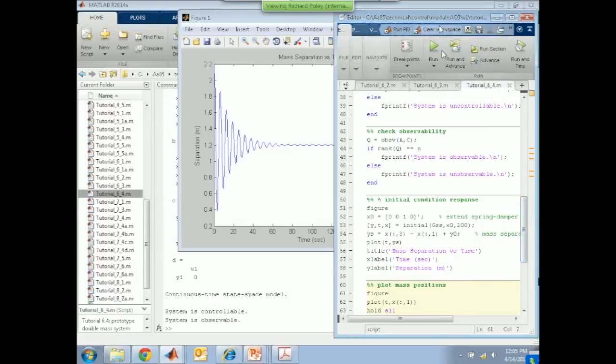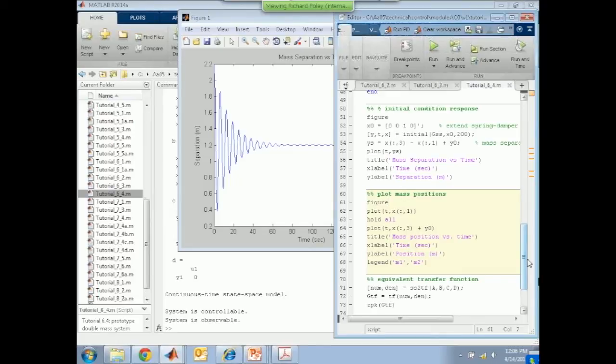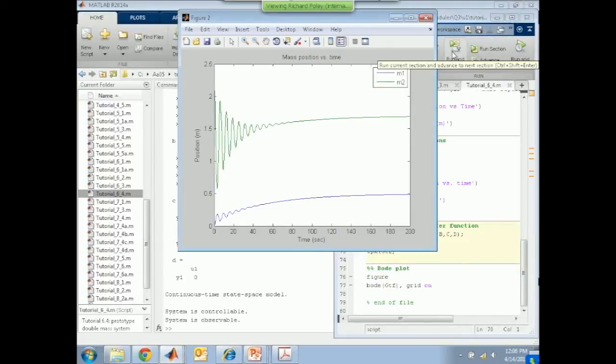Down here, now we're going to plot the individual mass positions, and this is the absolute mass positions that are involved, because I'm taking the offset of Y2 into account. Y0 is added to Y2. And you'll see how they behave as we apply this test. There they go. So this is mass M1. It's much heavier, and it's got a bigger frictional coefficient, and it's kind of damped down pretty quickly.